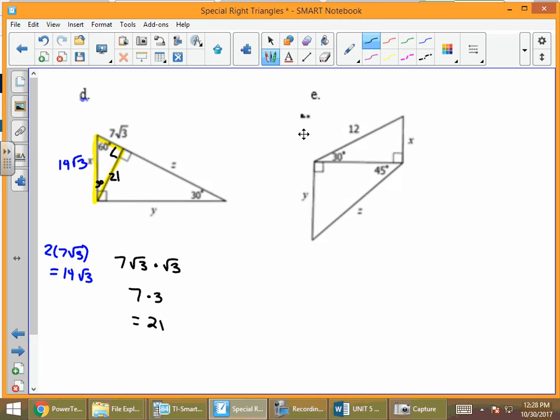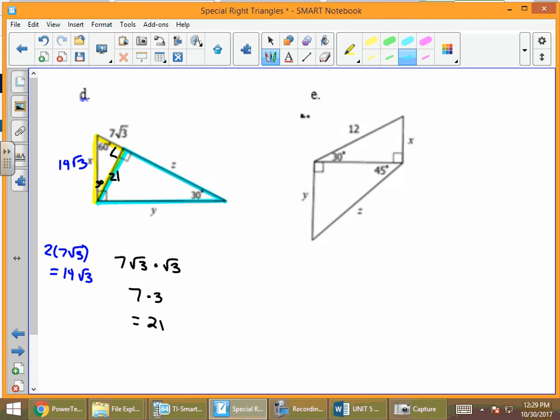Okay? So we have this blue triangle right here. Okay?